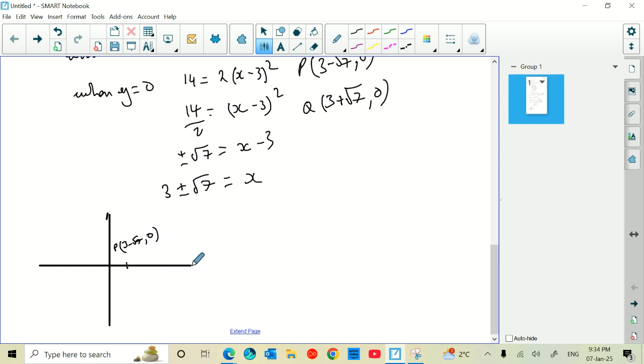And let's do the point Q here, again on the x-axis, and that's 3 plus the root of 7 and 0. And of course we have minus 4.